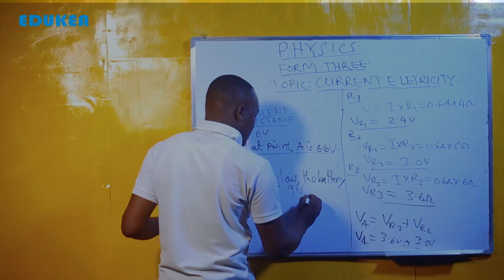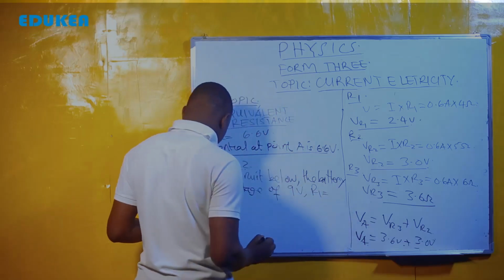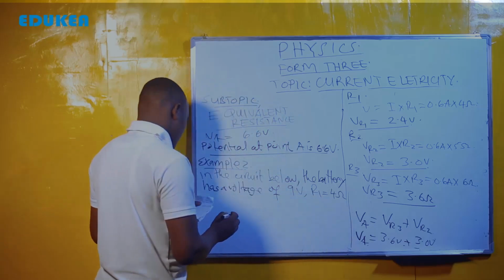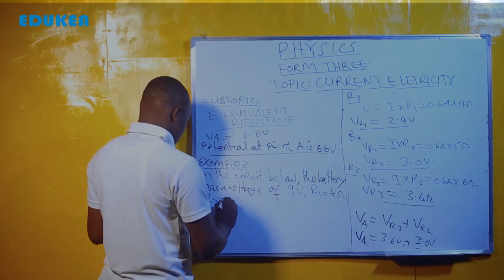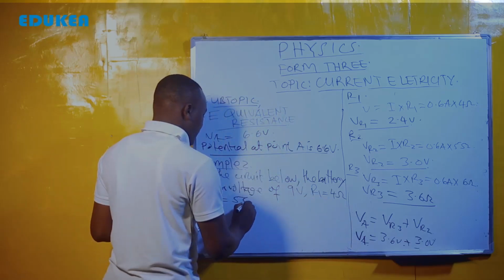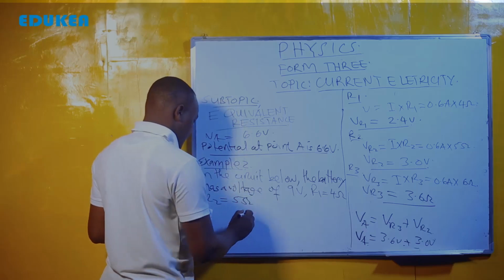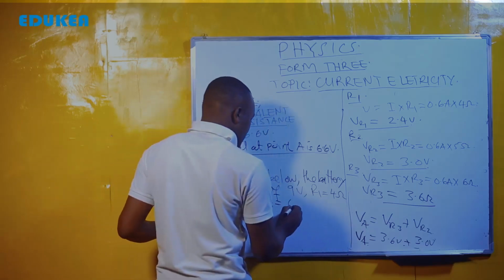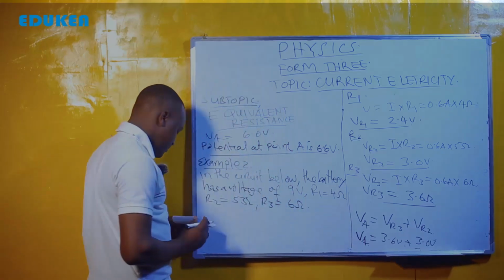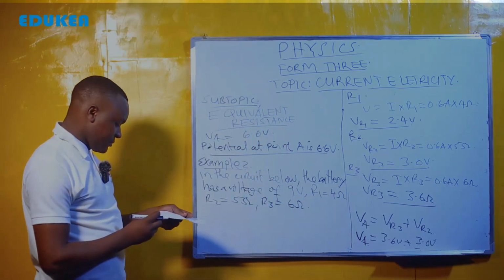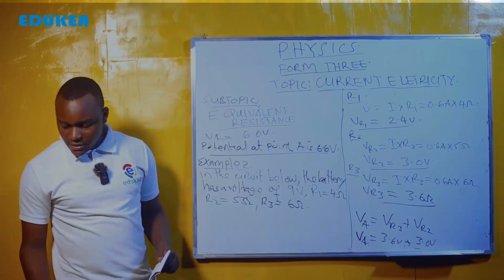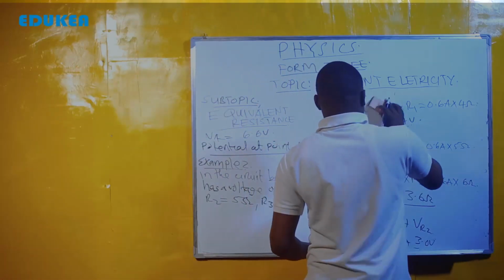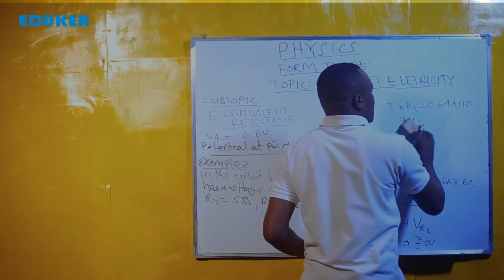Resistor 1 is equal to 4 ohm, resistor 2 is equal to 5 ohm, and resistor 3 is equal to 6 ohm. Then let's show the diagram, how the circuit looks.